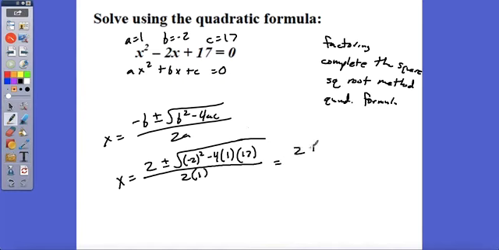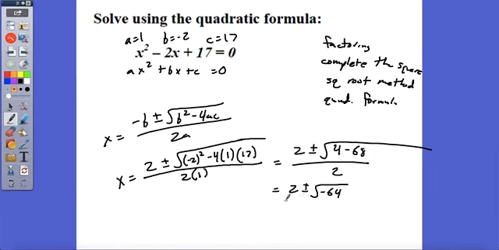So this is 2 plus or minus the square root of 4 minus 4 times 17, which is 68, all over 2. 2 plus or minus the square root of negative 64, all over 2. That happens to simplify to i root 64, which is 8i. 2 plus or minus 8i, all over 2.